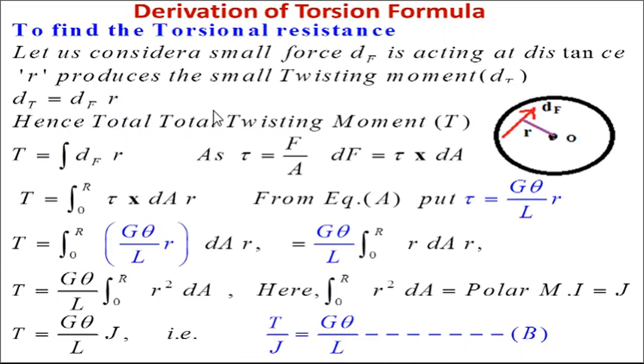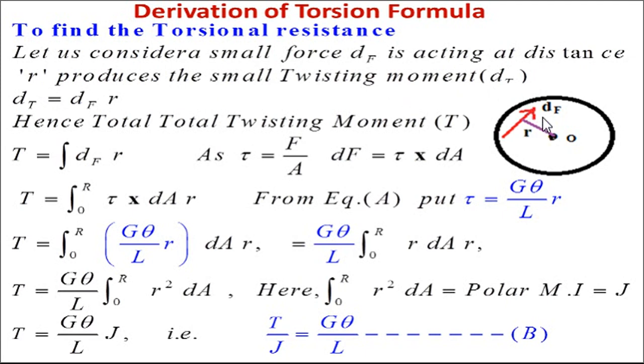Now the second part of the equation will be proved by taking the torsional resistance. There will definitely be a torque by applying the force, but the material itself will try to avoid that torque, which is called torsional resistance. How is it avoided? Let us consider a small force dF acting at a distance r, which produces a small twisting moment dT.